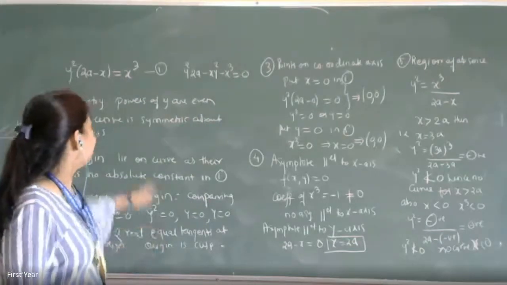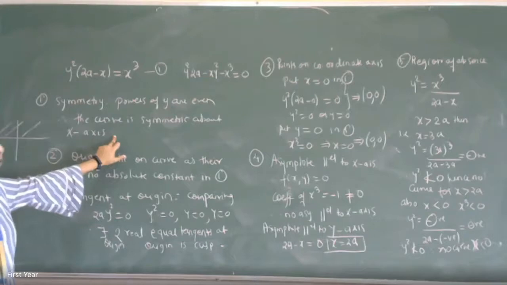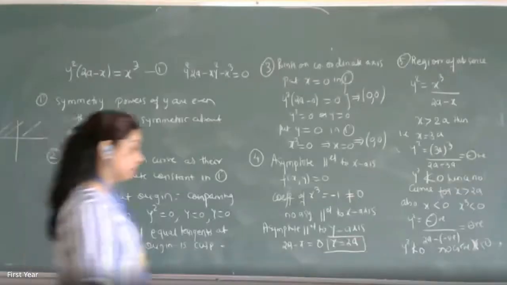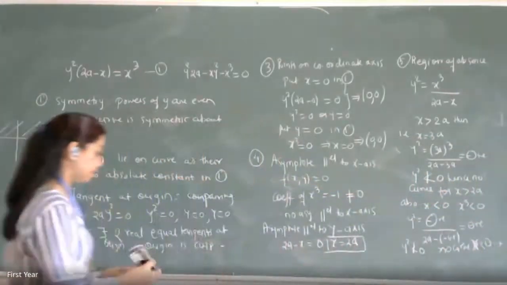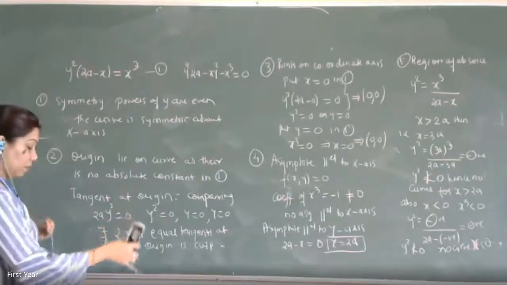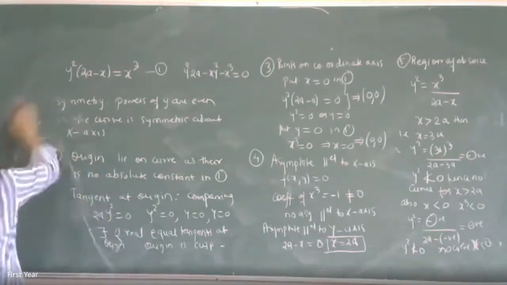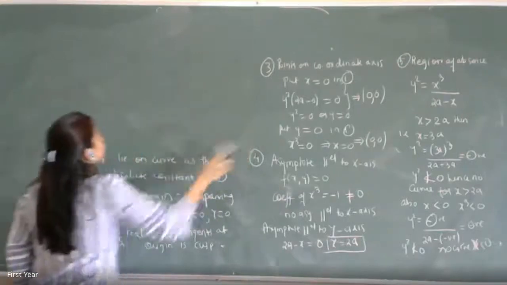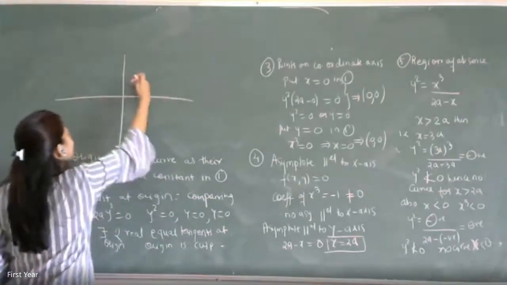Okay? So I have to finish writing this and then I will draw the curve. Let me show how I am going to draw it. First thing that we got is the curve is symmetric about the x-axis.